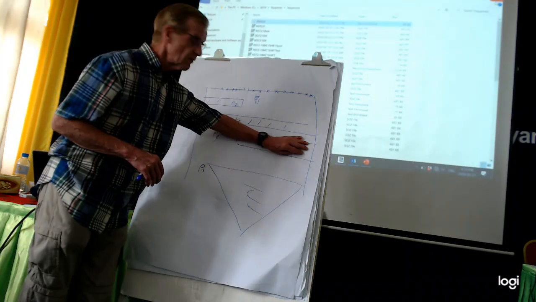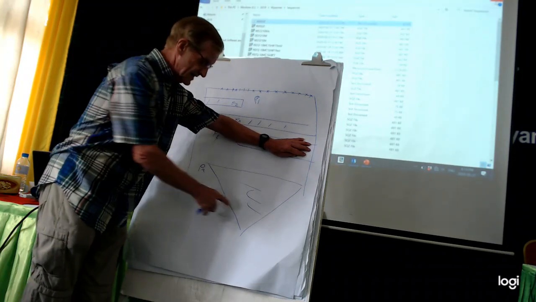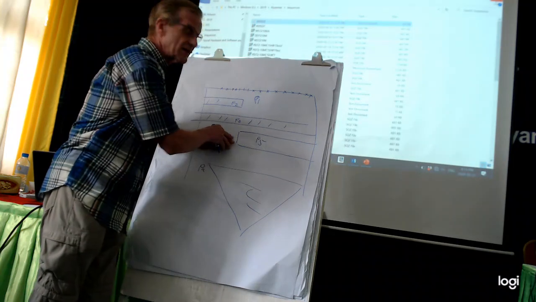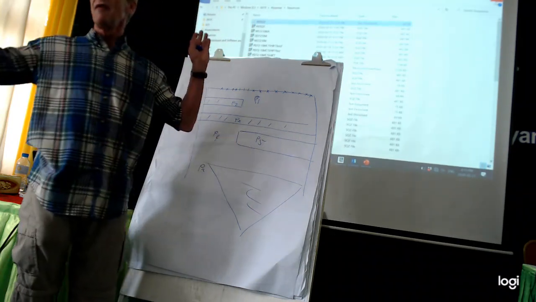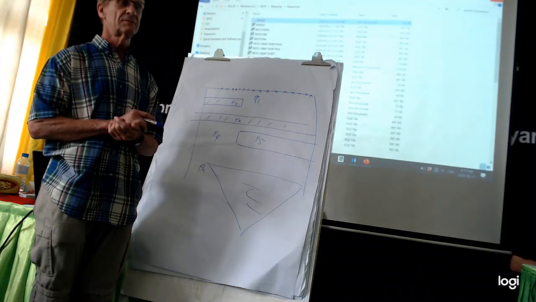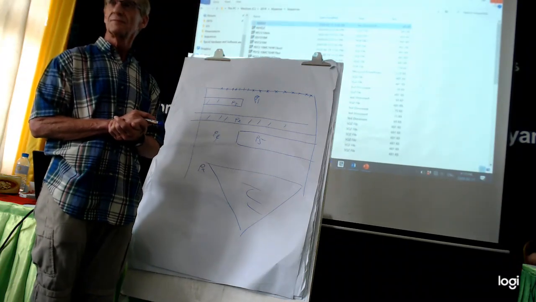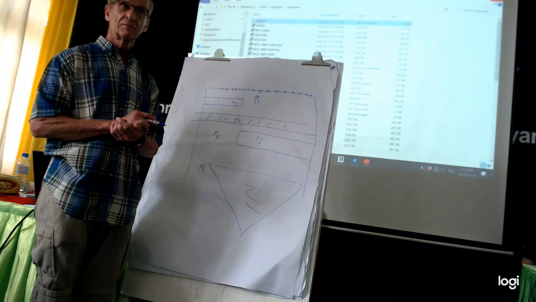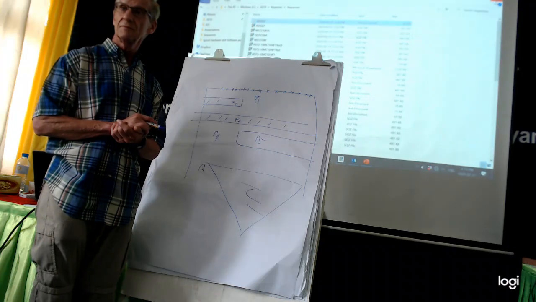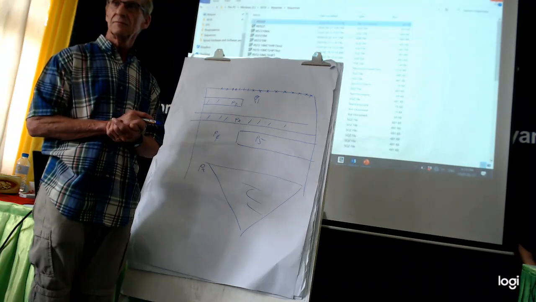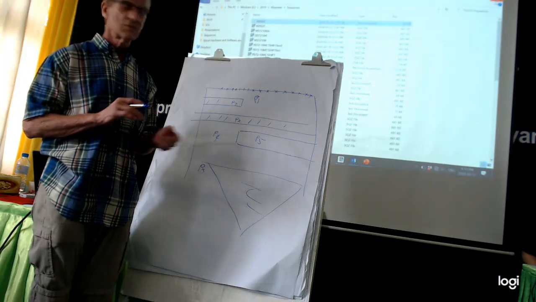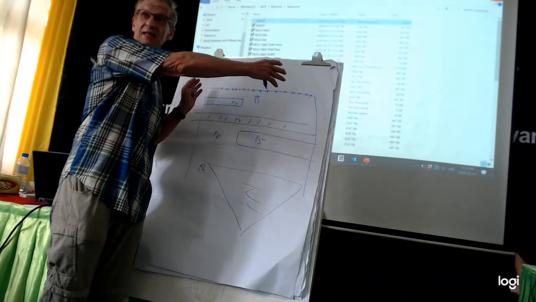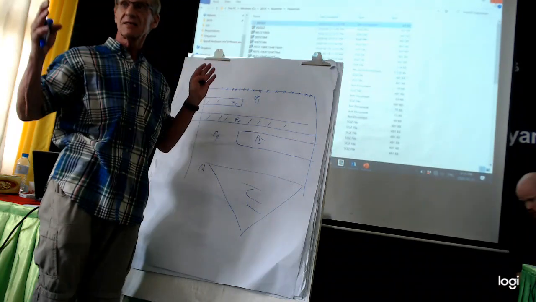So first of all, if you can't see any differences in the data when this is not here compared to when it's here, then you're not seeing this. So that is the first big thing that you can do, just to check to see if your field survey is about right.